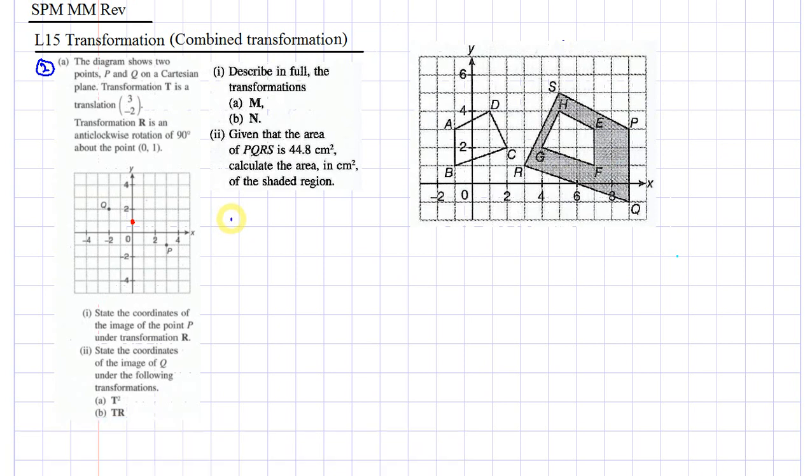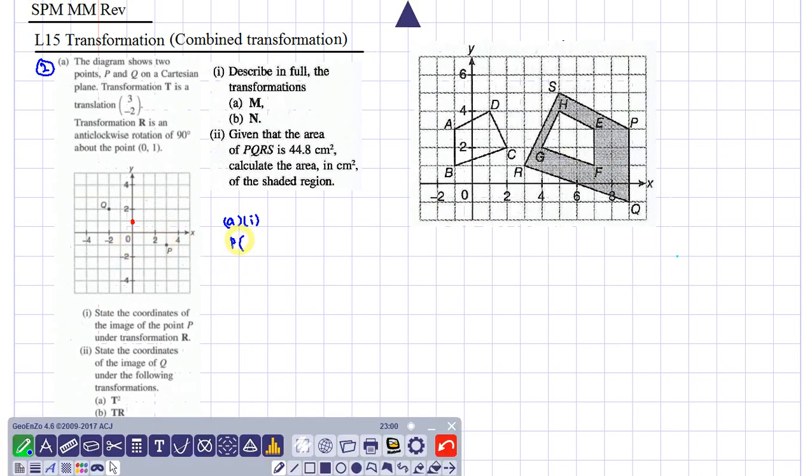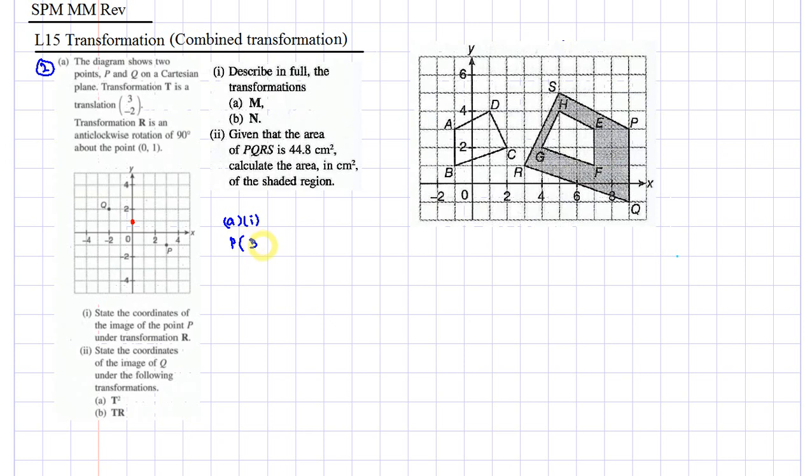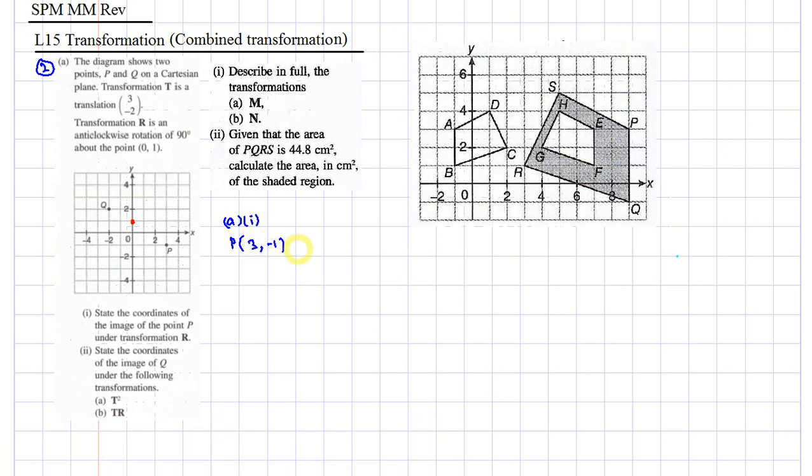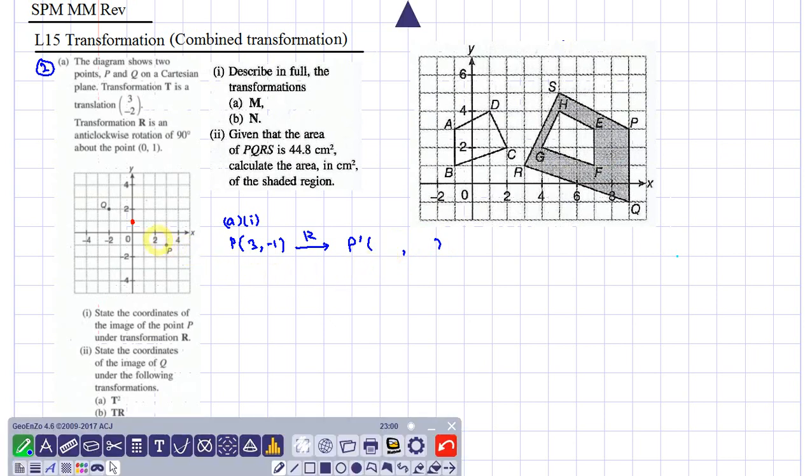Okay, so P, the coordinate for P is 3, -1. So after this rotation, where is the image of point P? So this one still remember, we use L shape to get the location of the image. Always start counting from the center.